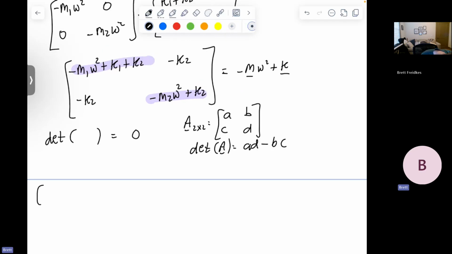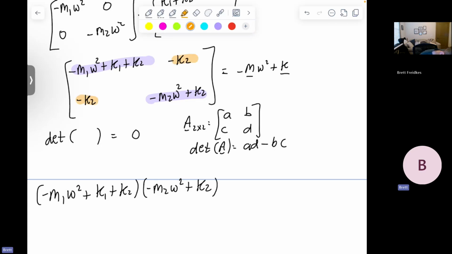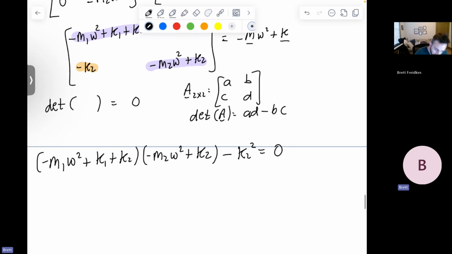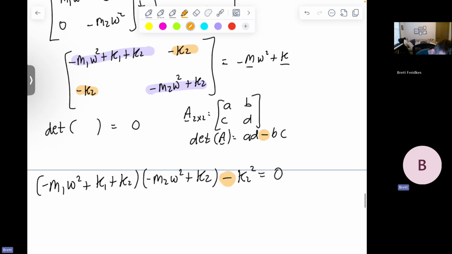So that would be negative M1 omega squared plus K1 plus K2, times negative M2 omega squared plus K2, minus BC, which would be negative K2 times negative K2. Those negatives cancel to give you a positive K2 squared. Note that this negative sign is from the equation, the negative sign from the terms multiplied out.